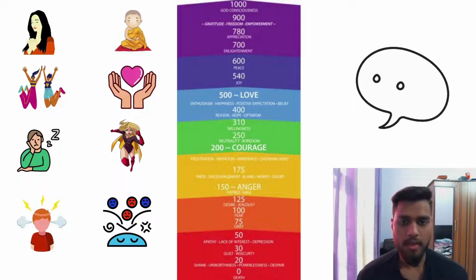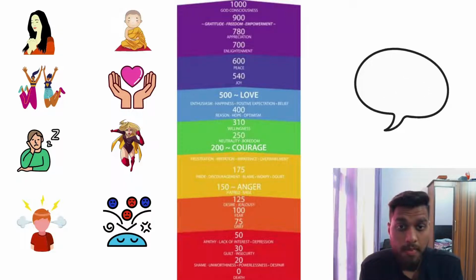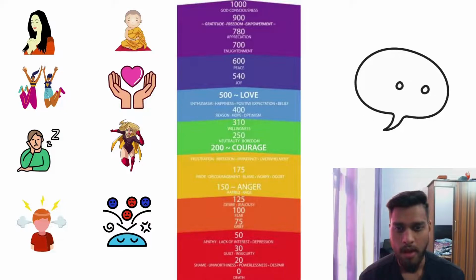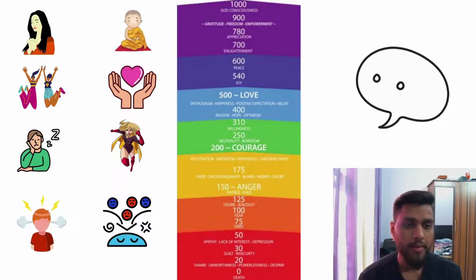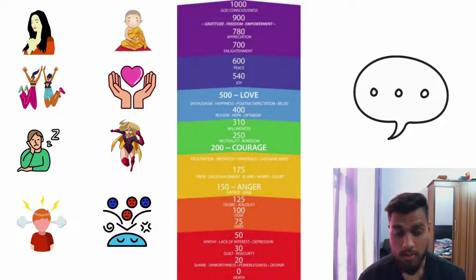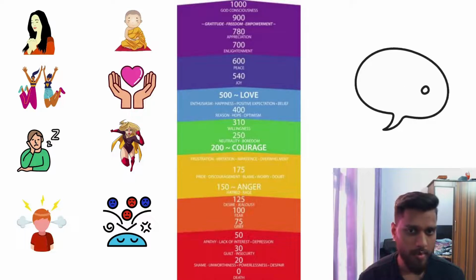But you can see that there are many levels of consciousness above 400. So all the science, all the research and all the stuff are at 400, and this is a very good level of positivity. Okay, so science, logic, everything that makes sense basically is here at reason, hope and optimism.